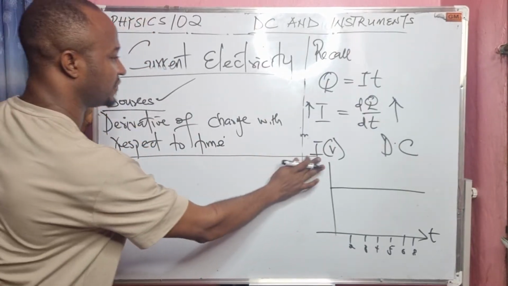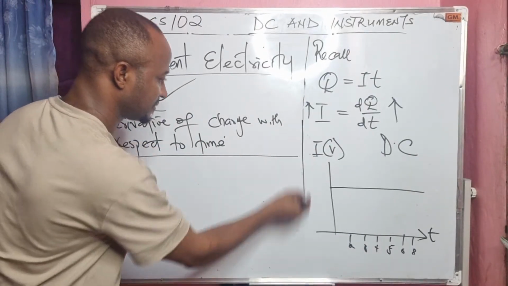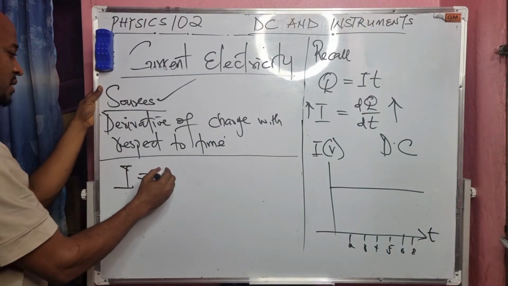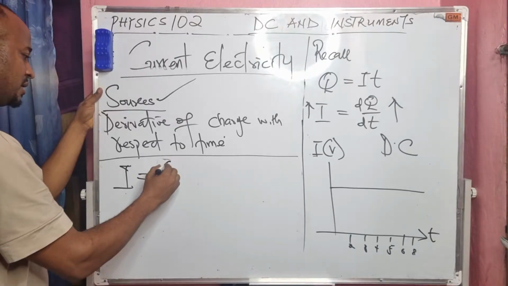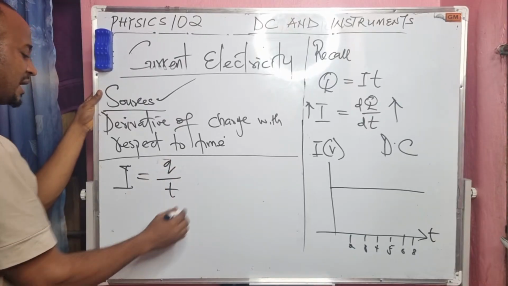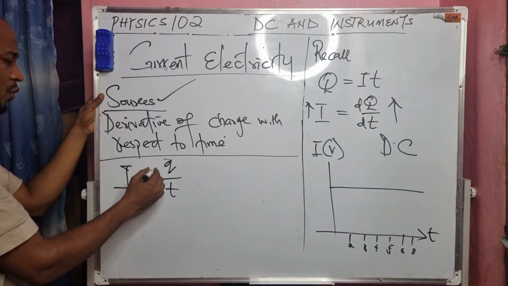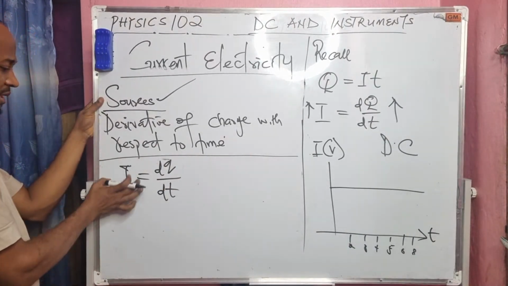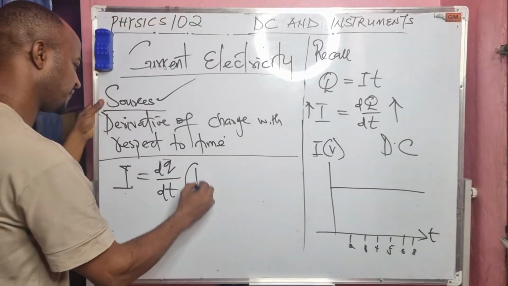I've already stated that current is equal to charge over time. Meaning, if we should differentiate charge with respect to time, that will give us current.